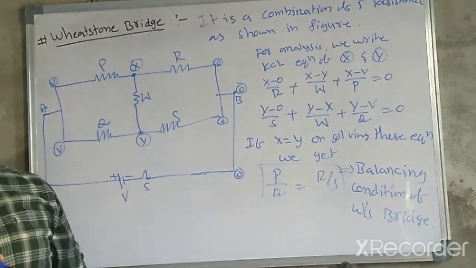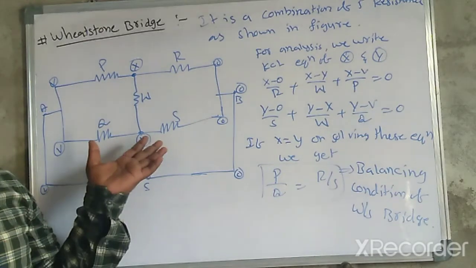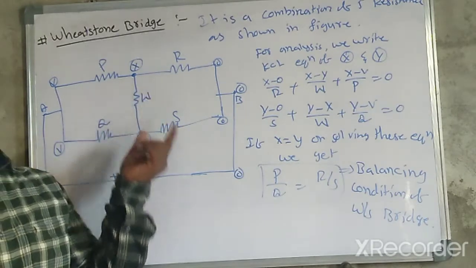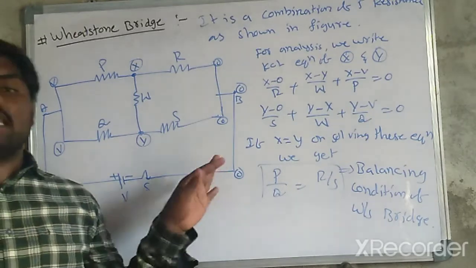In a balanced Wheatstone bridge, we can remove the middle resistance or middle branch for analysis.